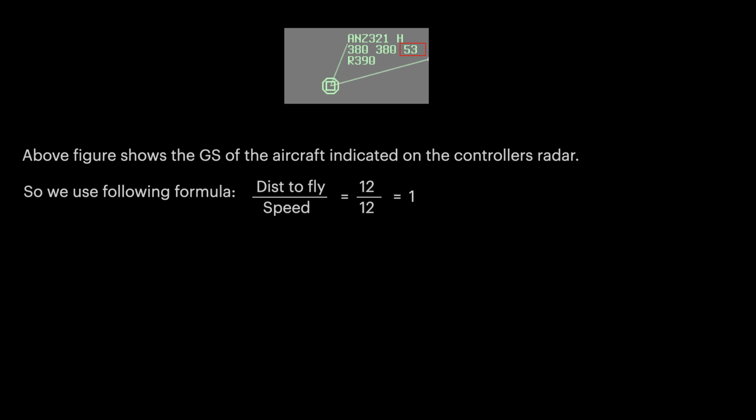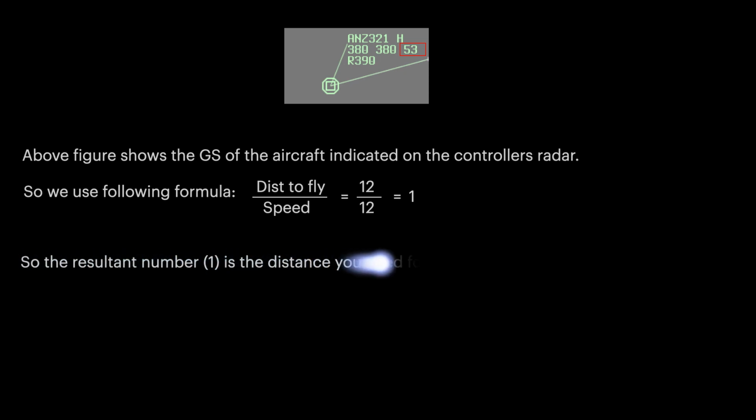The formula today that you really only have to remember is this formula here. And this formula applies only to the front aircraft, in our case, the Dash 8. As you remember, he had 12 nautical miles. It's a distance to fly over the speed. So he had 12 nautical miles and he was doing 120 knots, but you don't use 120, you use 12. And you arrive at a figure, which is 1. So what does that 1 mean?